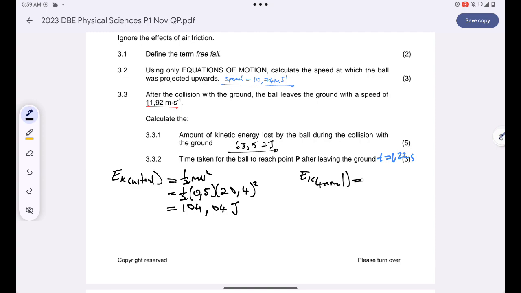And then EK final is half mv squared. 1/2 multiplied by 0.5 multiplied by 11.92 all squared.